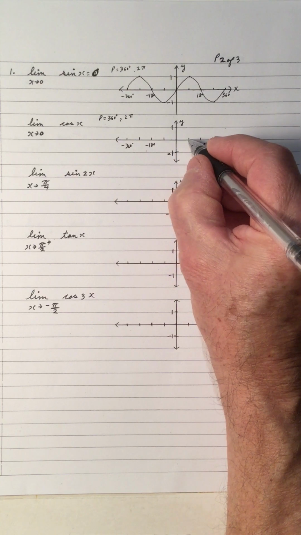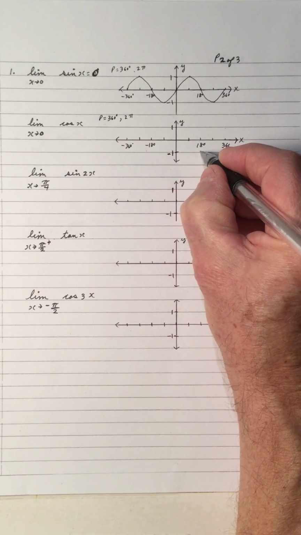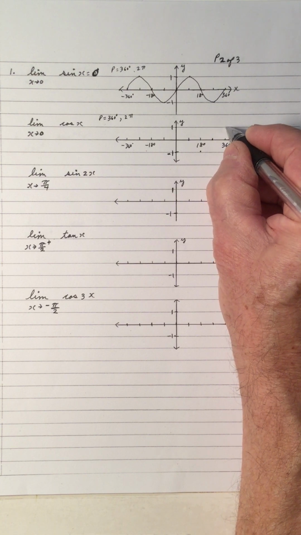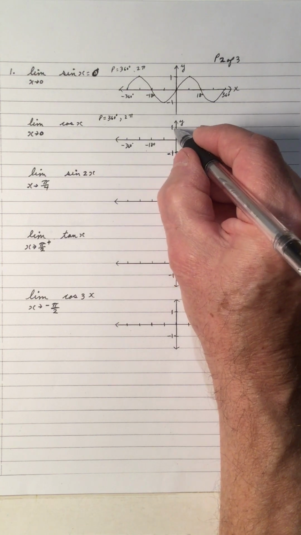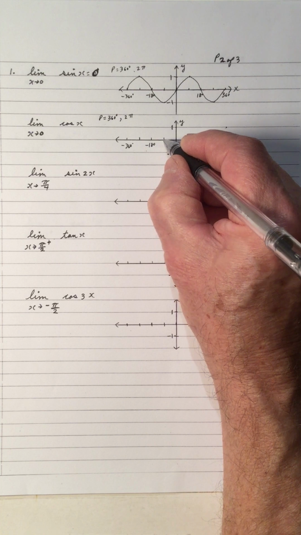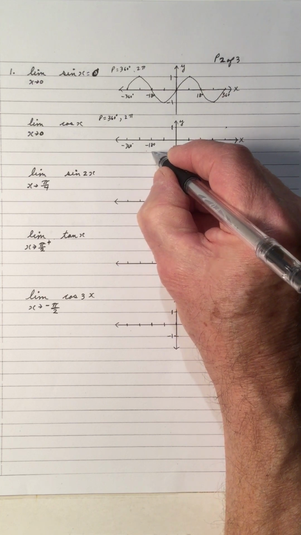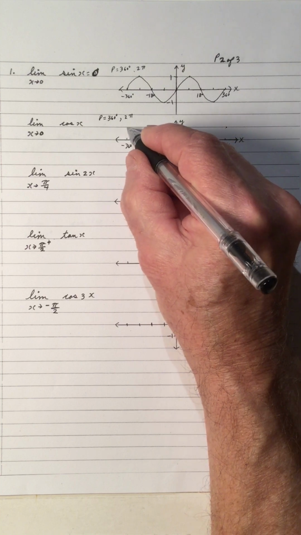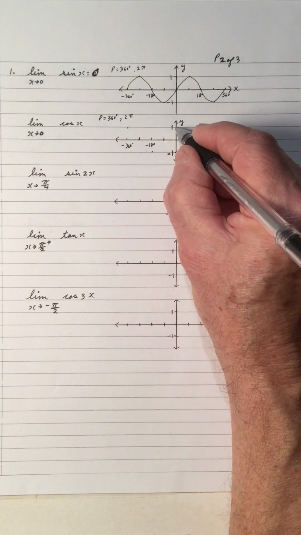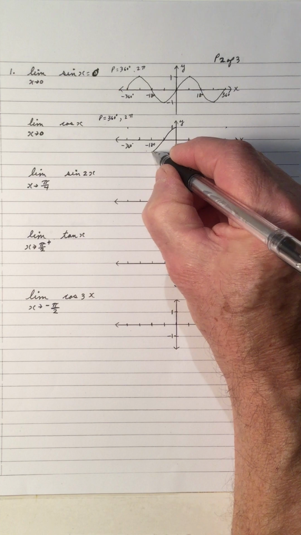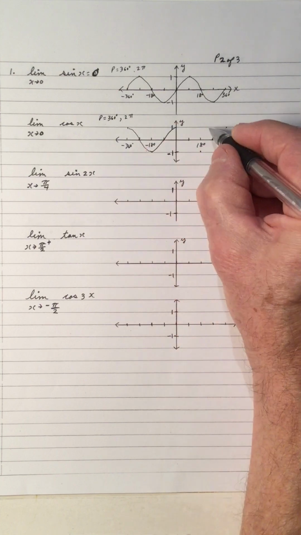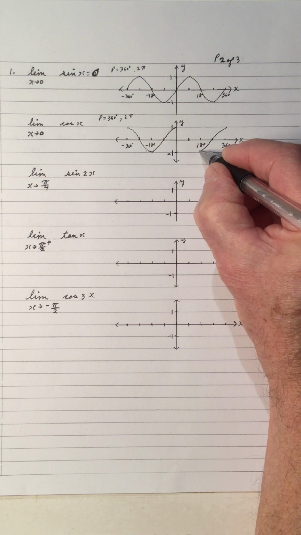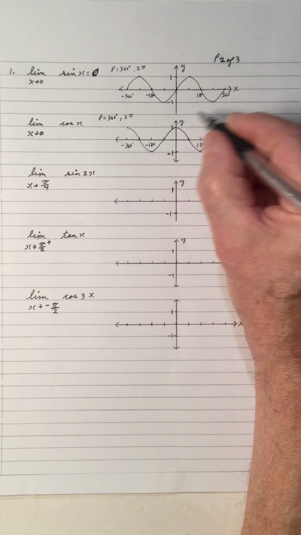The cos of 90 is 0. 180 is negative 1. 270 is 0. And 360 is 1. When we go to negative 90, we get a 0. Negative 180 cos is negative 1. Negative 270 is 0. Negative 360 is 1. So the cos graph is like this, going over the interval of negative 360 to 360.